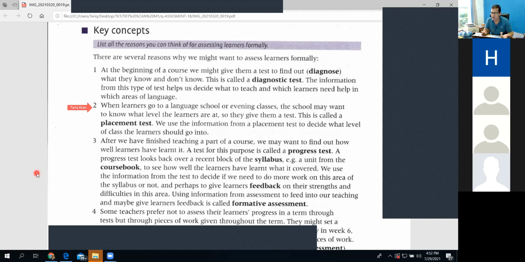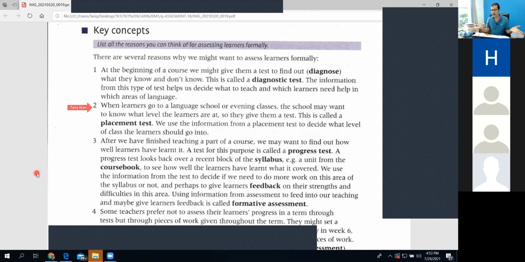For example, somebody has knowledge of the language but hasn't taken any recognized test like the Cambridge test. The Cambridge test has a world-level recognition and scale.